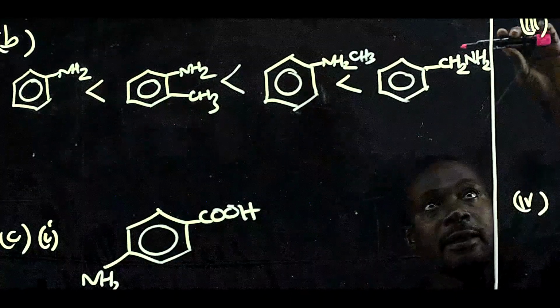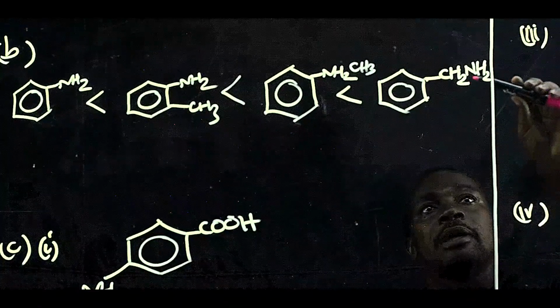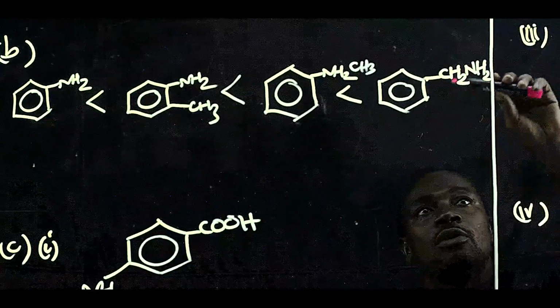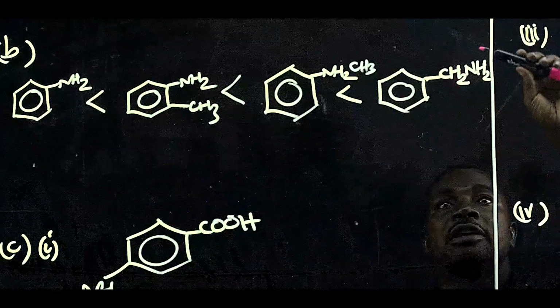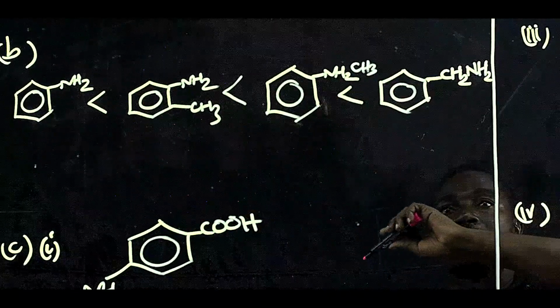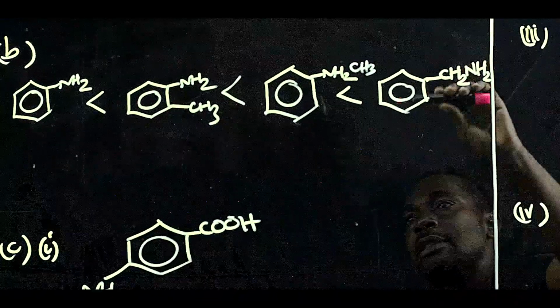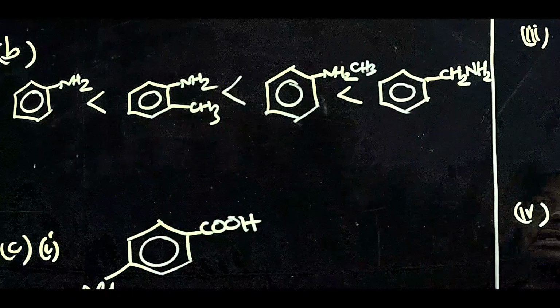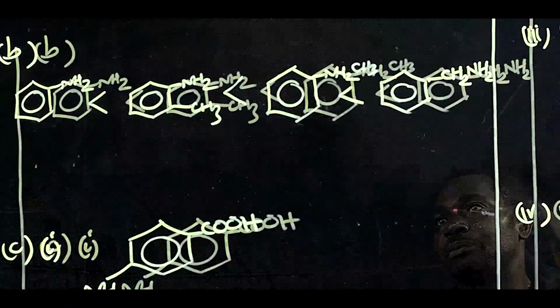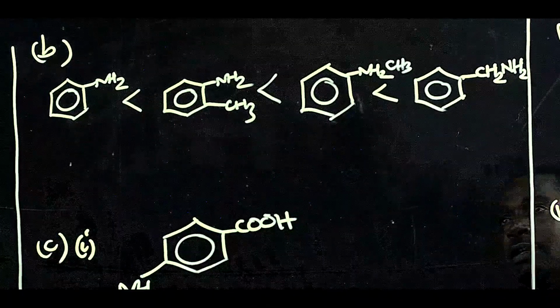So, since it is very stable and available, the last aromatic amine has a higher ability of donating the lone pair than all the other given aromatic amines, and as a result it is the most basic of all the given aromatic amines.